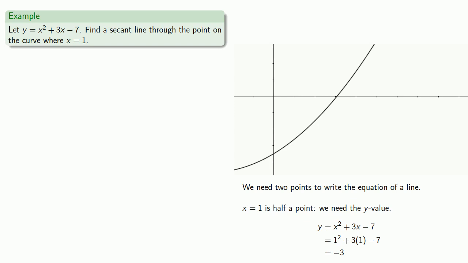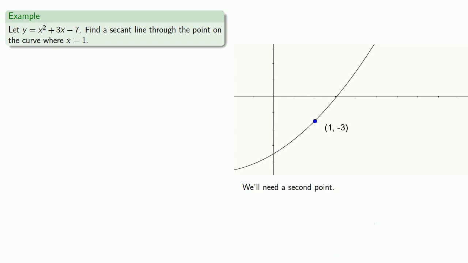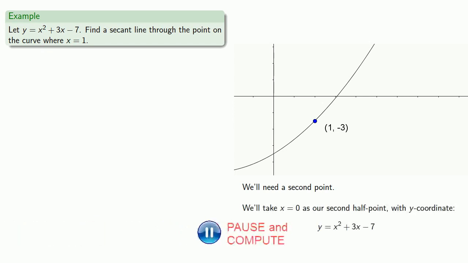And let's go ahead and write that down on our graph. Now we'll need a second point, and since the problem doesn't limit us, we'll take, how about x equals 0 as our second half point, and we'll find the corresponding y coordinate, and label.